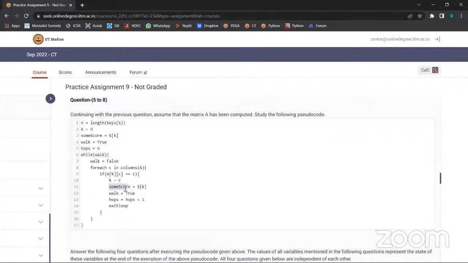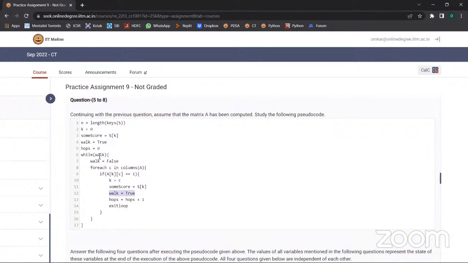Then sum score is also updated. Walk becomes true. Hops is incremented. You exit the loop. I mean, you exit only this for each loop, the inner loop. But the while loop will continue because our walk is again true.